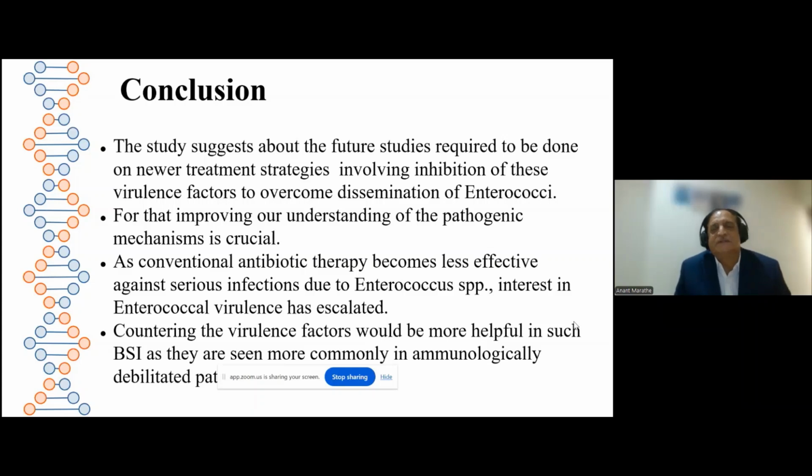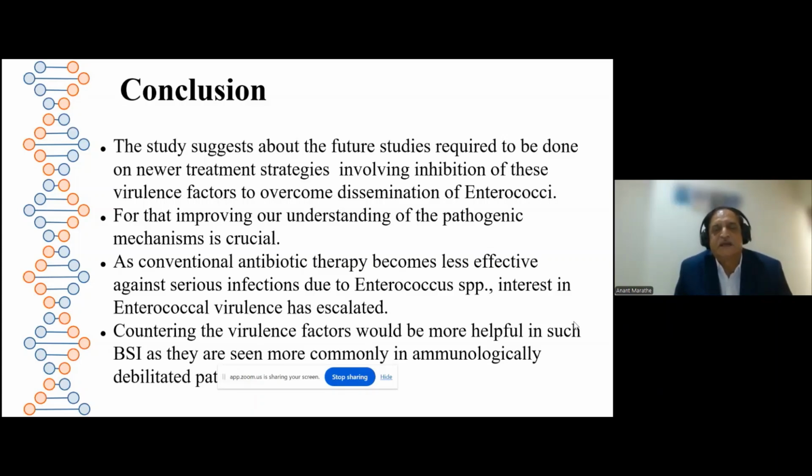The study suggests future studies are required on newer treatment strategies involving inhibition of these virulence factors to overcome dissemination of enterococci, so improving our understanding of the pathogenic mechanism is crucial. There are studies which have been done to counter the virulence factors.